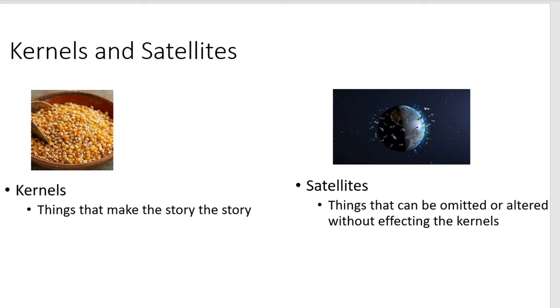The satellites, however, are the things that can be omitted or altered without affecting the key points. Does it really matter if Little Red Riding Hood is confronted by the big bad wolf or the big bad tiger? In Korean tradition, a lot of the stories are told with the tiger being the bad guy.